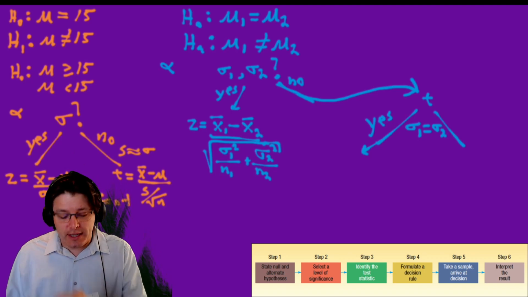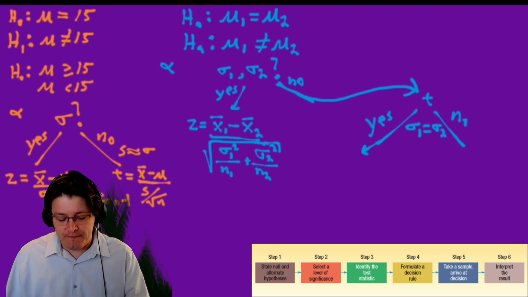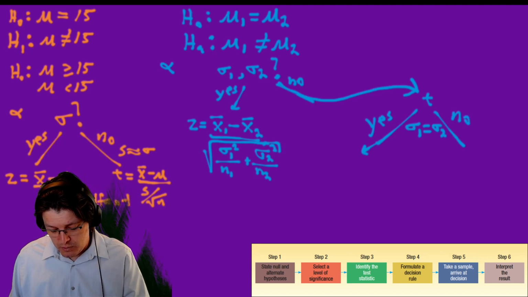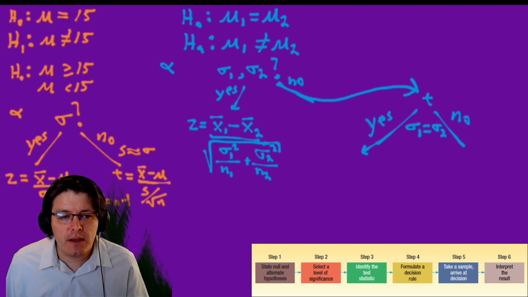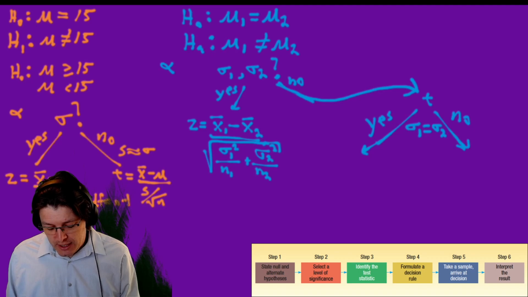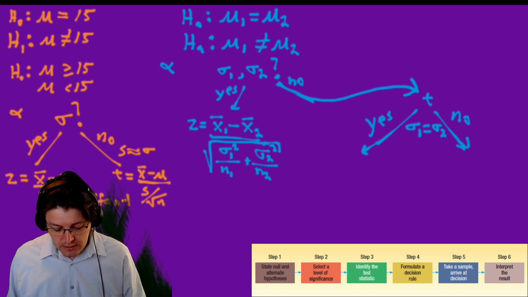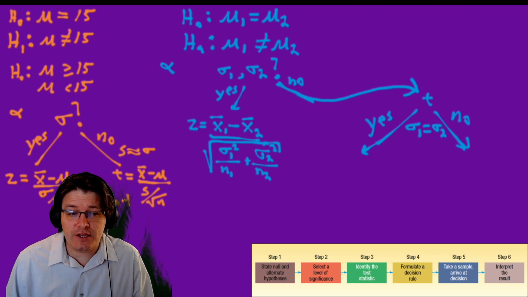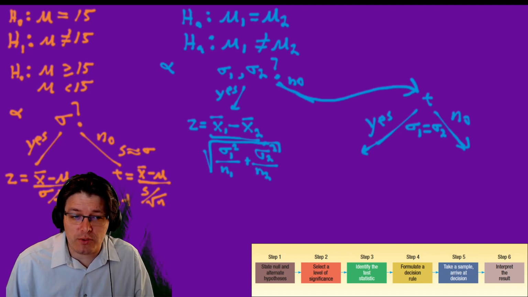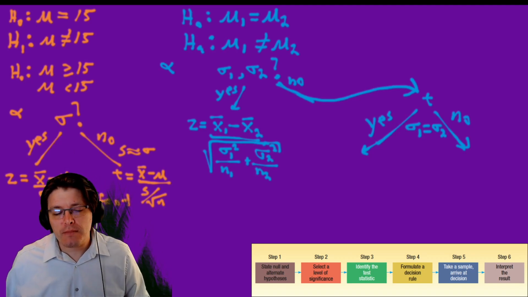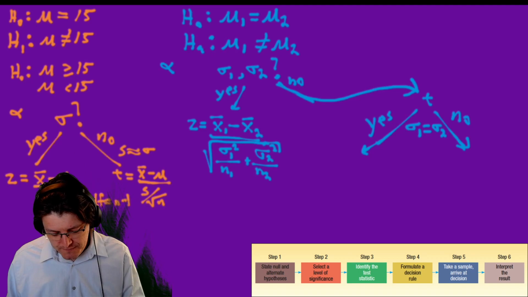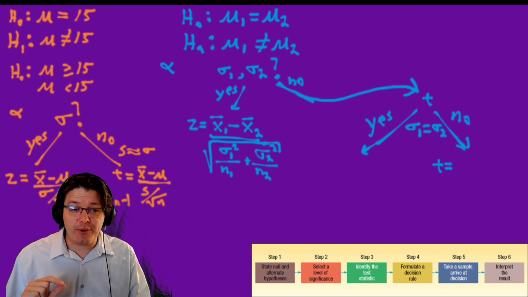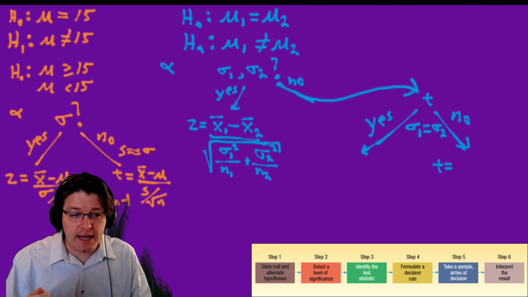Okay, so let's start with the case where we don't think they're the same. We can't justify that assumption. So this is going to be a cleaner version of the T statistic. Now, it comes with a caveat that it's going to force us to make a pretty gross calculation for degrees of freedom. But the T distribution, just like we did in chapter 10, we're going to plug in s's.